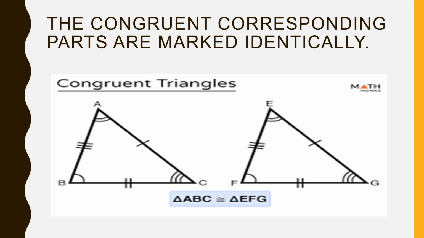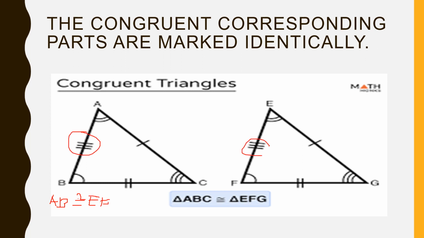Now we have here the congruent corresponding parts marked identically. If you analyze this one, we have triangle ABC congruent to triangle EFG. AB is congruent to EF. This is the sign of congruency.